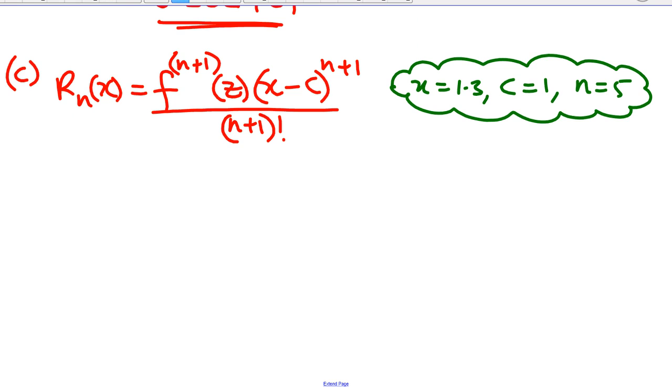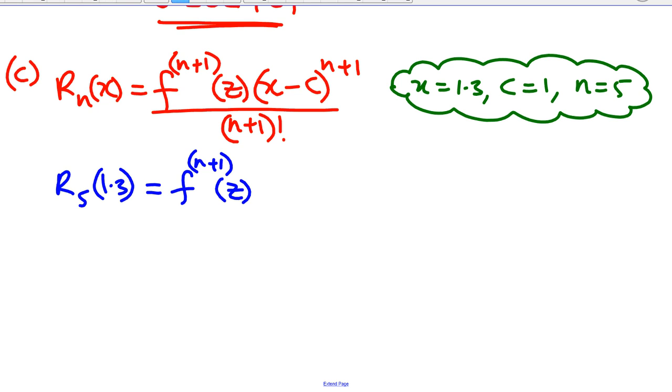So R5 of x, now x is 1.3, will be equal to the (n plus 1)th derivative of f at z.